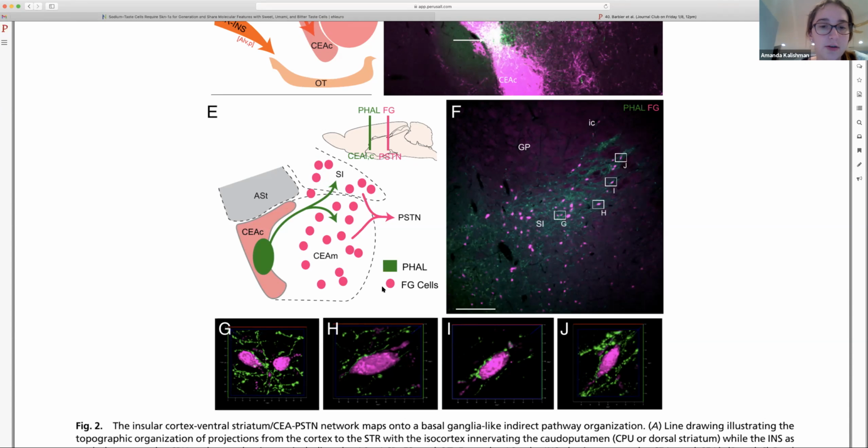And so all of this shows evidence of a network between the PSTN or STN and projections from the INS, which parallel the direct pathway to the STN and indirect pathways through the CEA and SI adjacent to the globus pallidus. And so G, H, I, and J are close-ups of the proximity of these FG cells to the PHAL axons. And that is what I got.